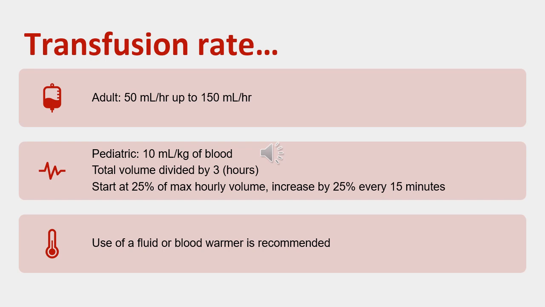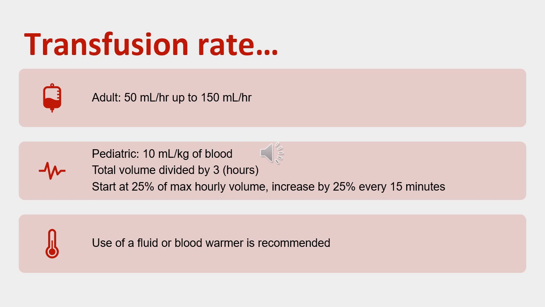For adult patients, again, ideal infusion rates begin at 50 mL per hour and go up to 150 mL per hour. It is appropriate in some adult patients that a max transfusion rate of 100 or 125 mL per hour may be all that is necessary.